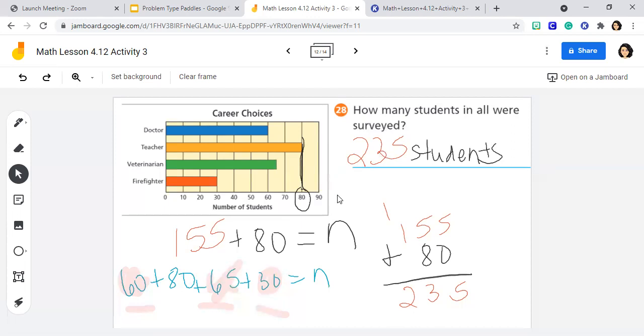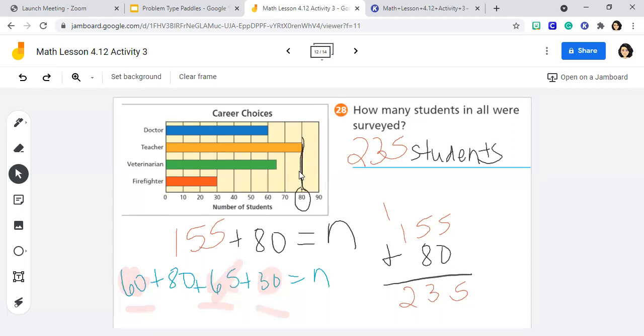Well, when I looked at this, I knew that in 27, I had already calculated doctor, veterinarian, and firefighter. The only one that I needed to include now was teacher. So I used my answer from number 27. Now don't forget, I made a mistake and I had to come back and fix it. 155 is the correct answer.